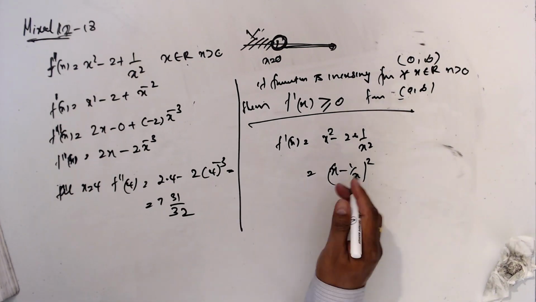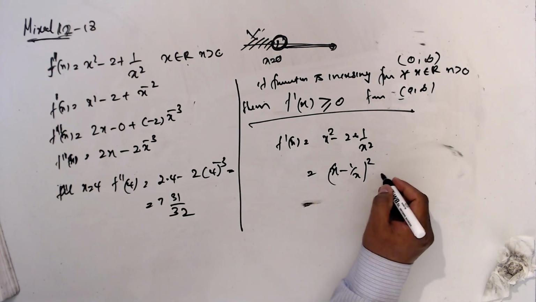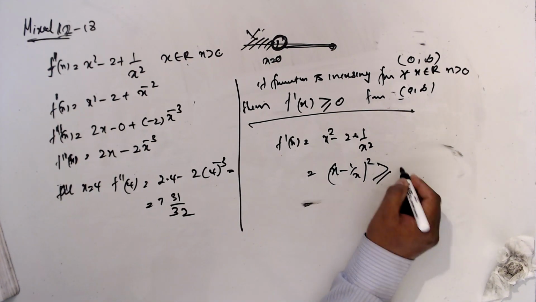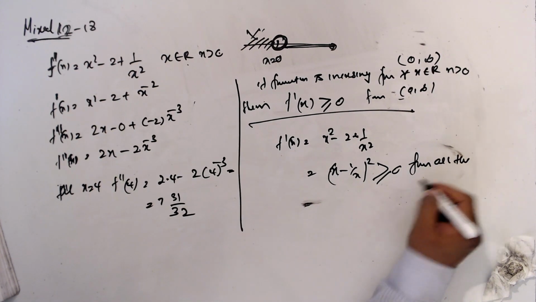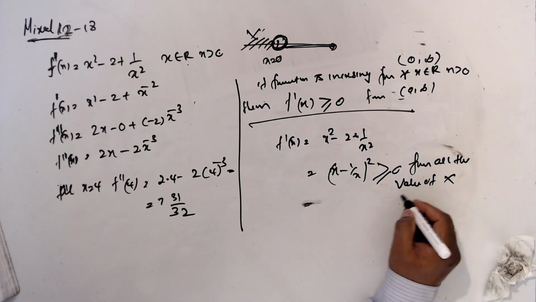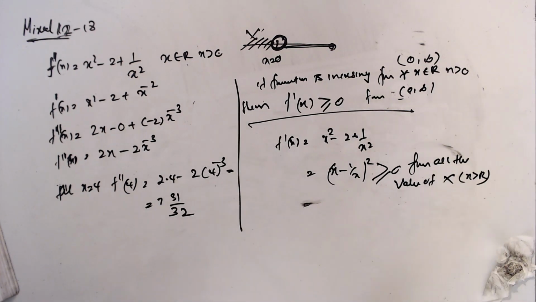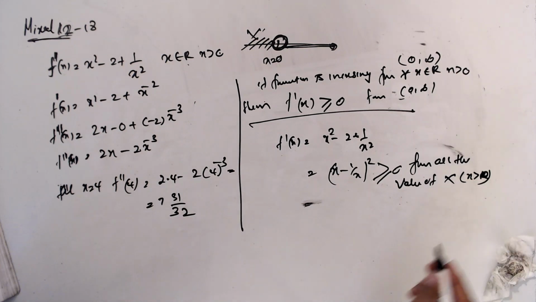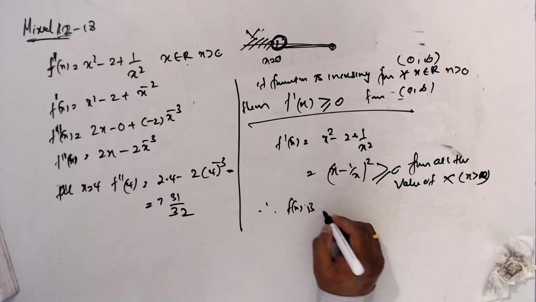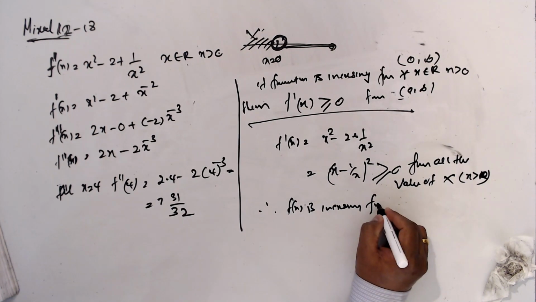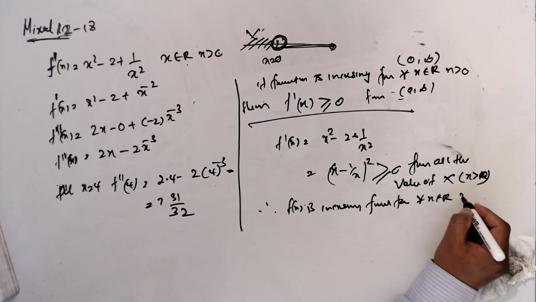Hence we can write it like this, and this is greater than or equal to 0 for all values of x greater than 0. Hence f(x) is an increasing function for all x greater than 0.